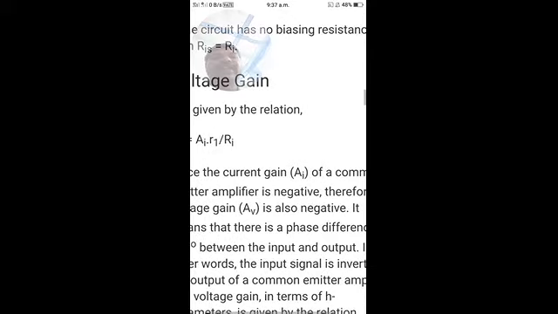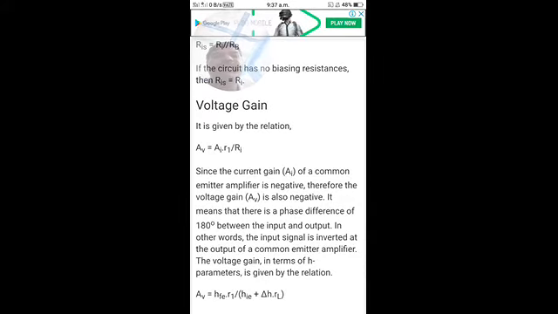Since the current gain of the common emitter amplifier is negative, the voltage gain is also negative. It means that there is a phase shift of 180 degrees between the input and the amplified output voltage. The output signal is inverted.